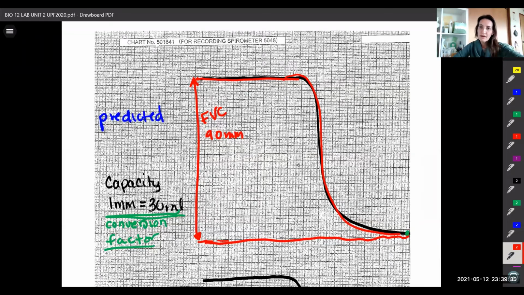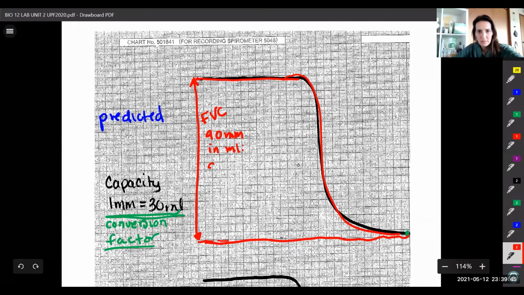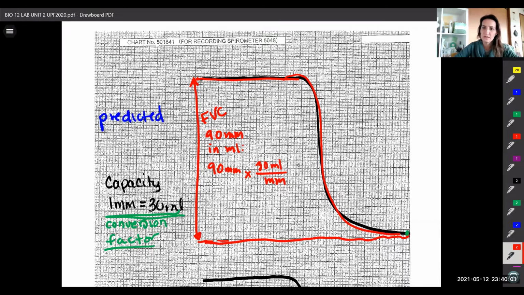I want to convert that now to milliliters because I want a volume, not a height. So in milliliters, that would be 90 millimeters multiplied by our 30 milliliters per millimeter. So we're taking this conversion factor and using it here.